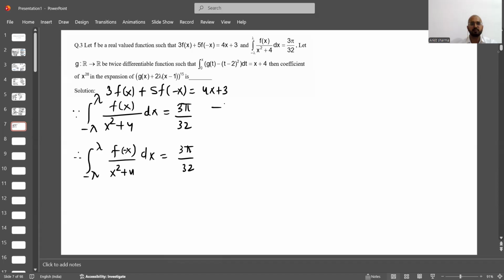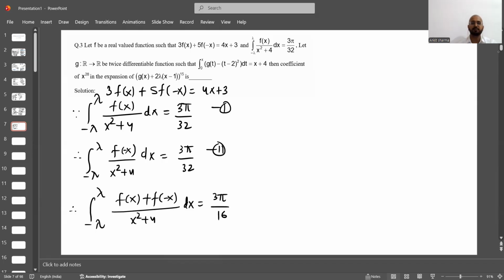So I'm going to add, this is my equation 1, this is 2. So let's add both of them. So this gives me minus lambda to lambda, f of x plus f of minus x over x square plus 4 dx will be equal to 3 pi over 16. It's 2 by 32.